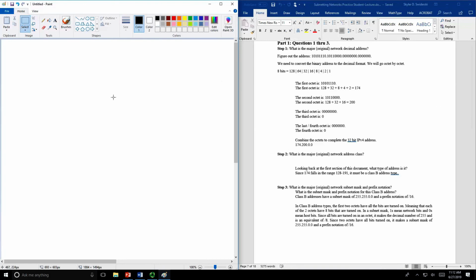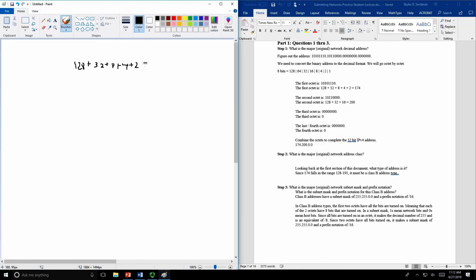We're going to start with the first octet. We have the 128-bit turned on, the 32, the 8, the 4, and the 2. Remember, when they're turned on, they represent the bits, but in this case it's just the decimal equivalent for the network address.